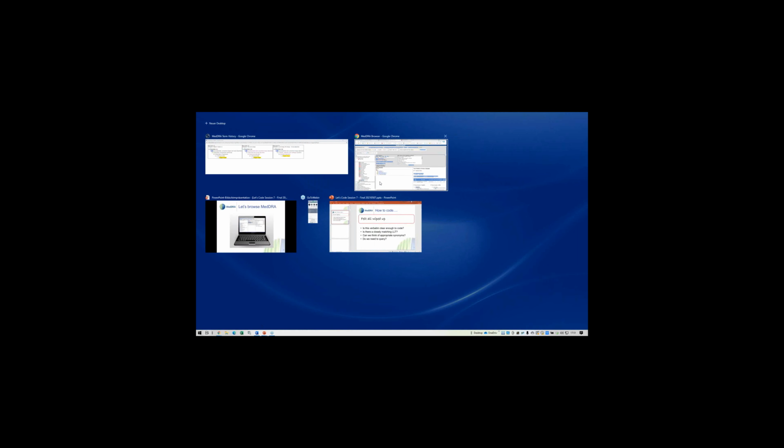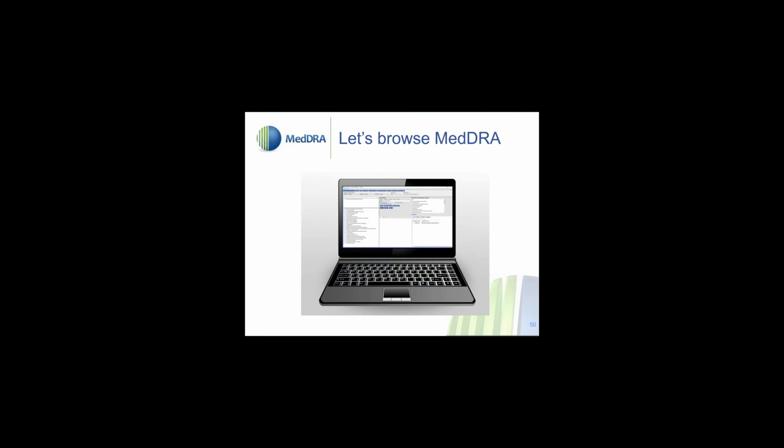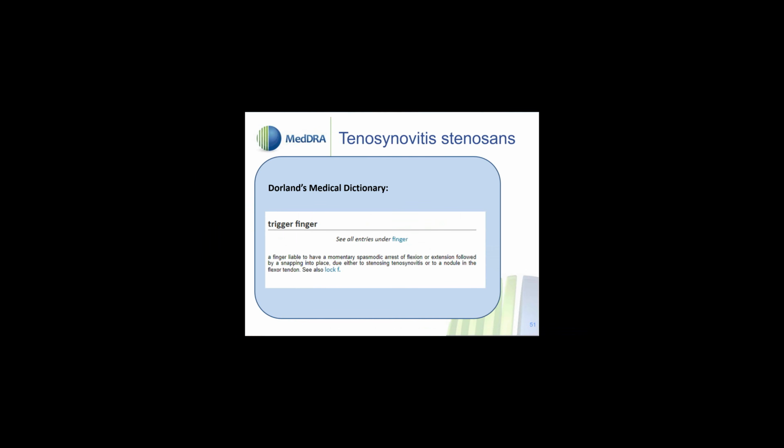Now, the principal reference for term interpretation and classification in MedDRA is the DoorLens. So let's have a look. We may find additional explanations in the DoorLens in order to understand why the trigger finger is represented as a separate PT in MedDRA. And here it is. DoorLens defines trigger finger, as already mentioned before, as a finger liable to have a momentary spasmodic arrest of flexion or extension, followed by a snapping into place.